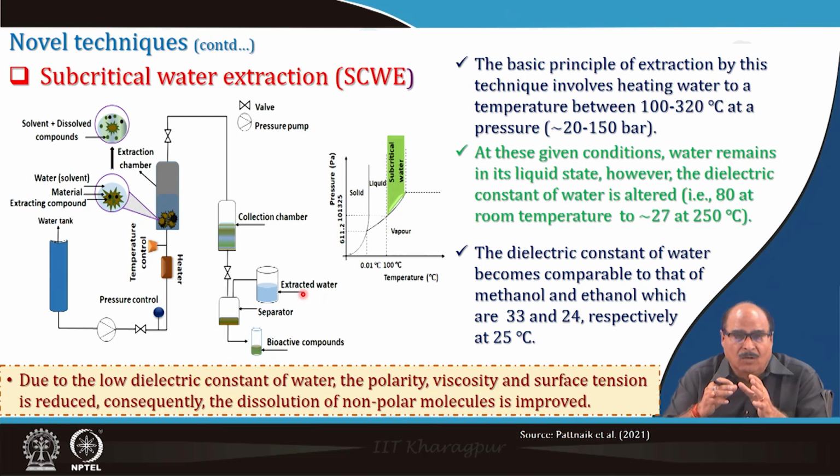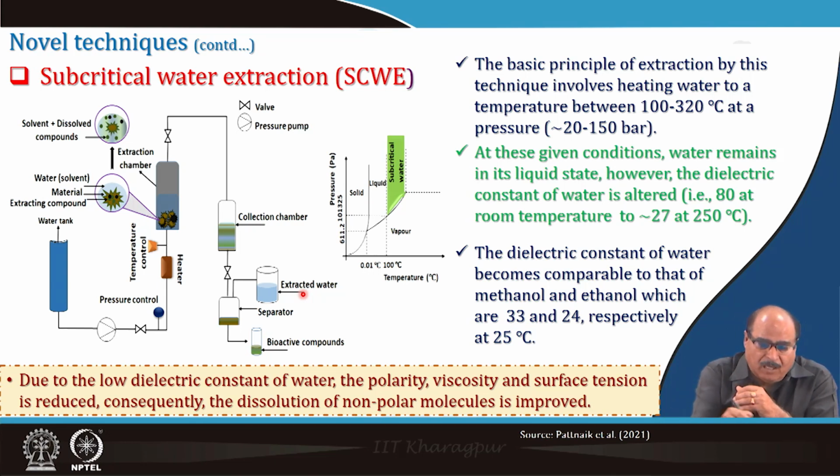Due to the low dielectric constant of water, the polarity, viscosity and surface tension are reduced, and consequently the dissolution of nonpolar molecules is improved, and one can extract these bioactive compounds. The schematic of the whole process is shown here in this figure.